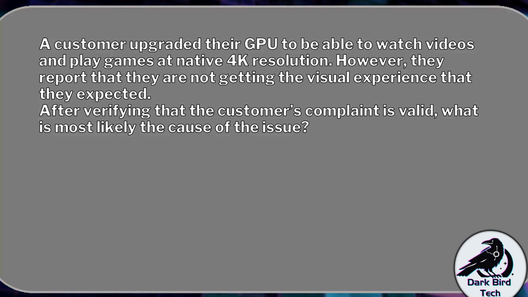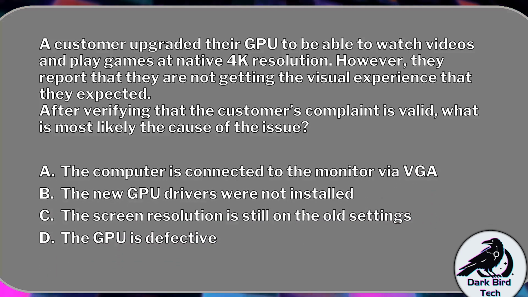After verifying that the customer's complaint is valid, what is most likely the cause of the issue? Alright, this one we're going to have to see what the options are, because there's so many things it could be. So, the computer is connected to the monitor via VGA. The new GPU drivers were not installed. The screen resolution is still in the old settings, or the GPU is defective.